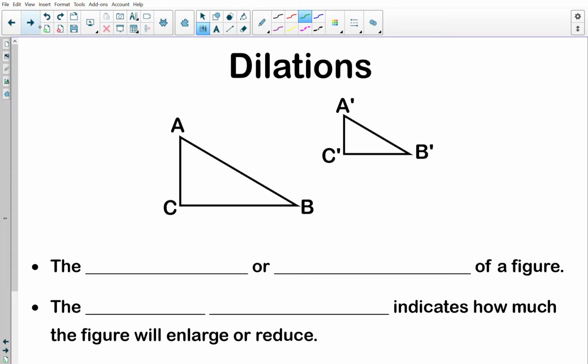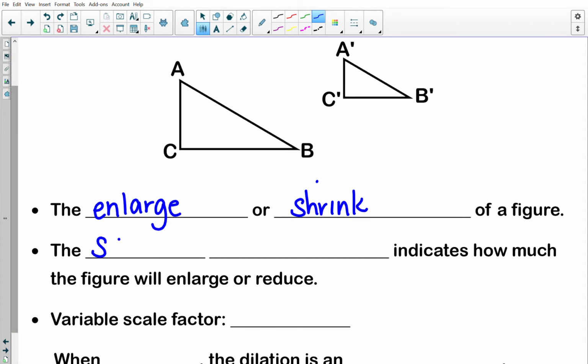We also have dilations. So dilations enlarge or we'll say shrink a figure. And the scale factor, which you should recognize that word from similar figures, because these are similar figures, indicates how much the figure will enlarge or reduce.